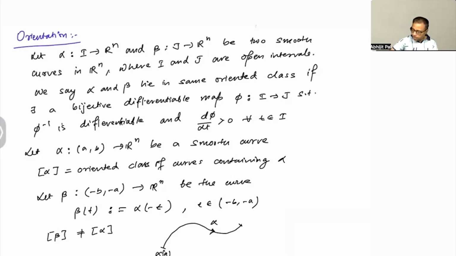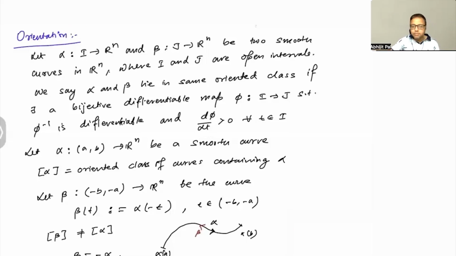So this is my alpha A and alpha B. And what is my beta? Beta is in the opposite direction. So this is my beta. Beta we sometimes call minus alpha. So alpha has an orientation, and beta is in the opposite orientation of alpha.